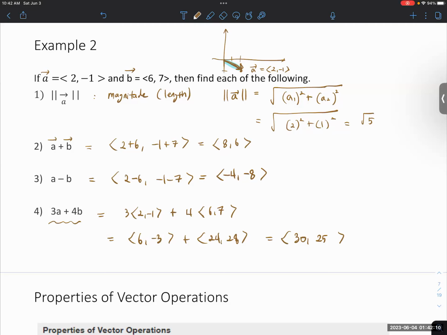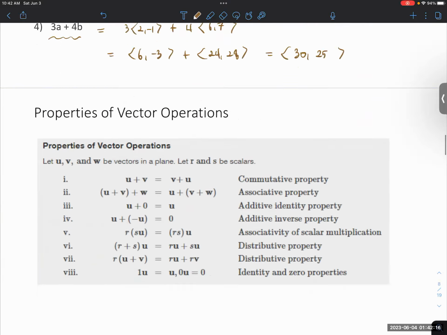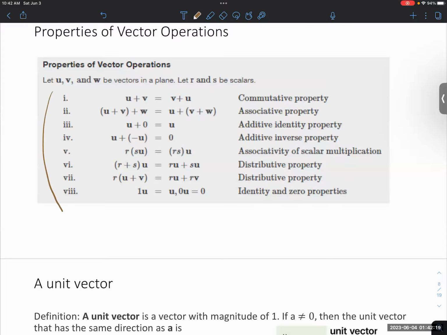Okay. So now I'm going to show you more properties of vector operation. Let's take a look at it. There are a couple of things. You can change the order. So vector u plus v is the same as v plus u. That is the commutative property. And if you have three vectors, you can change the grouping as long as everything is addition. We call that the associative property.